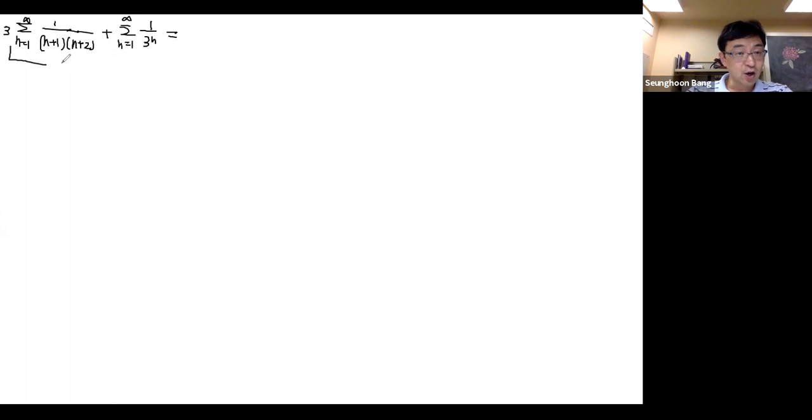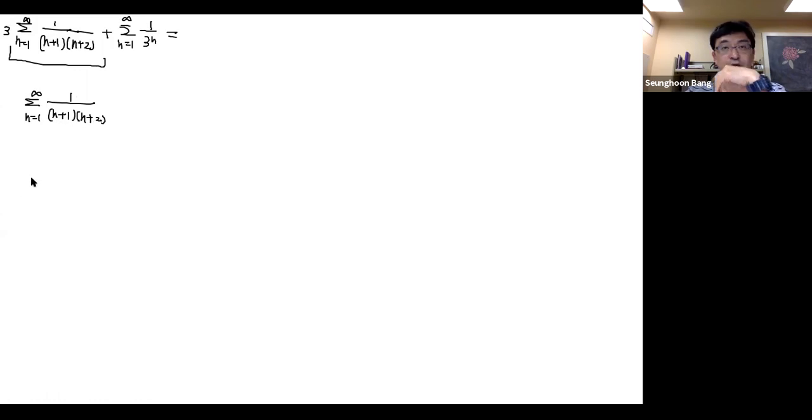The first one is the summation from n equals 1 to infinity of 1 over (n plus 1) times (n plus 2). How can you calculate this? This is exactly 1 over a linear function times a linear function.